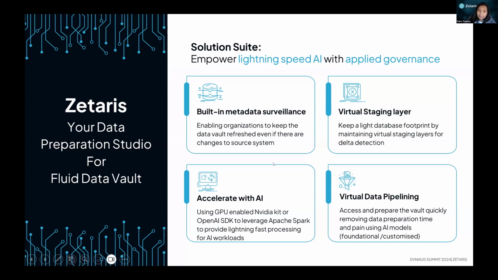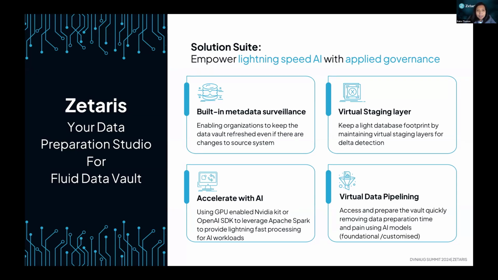And we are using AI for certain things like business key detection and PII detection. This AI usage has come in after we presented at the Data Vault conference last year. So this has just come in this year when we've been experimenting with OpenAI and with certain NVIDIA models.